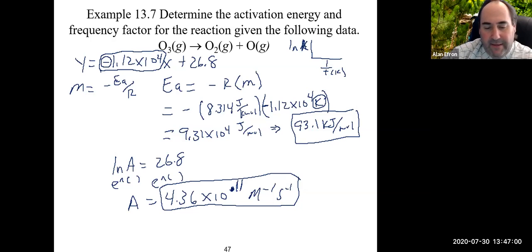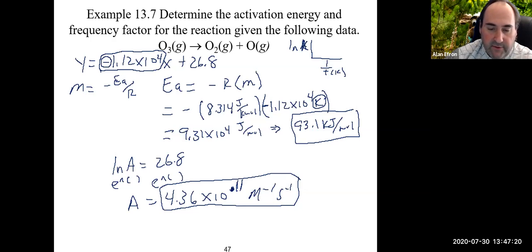So most of the time it's not so convenient to do graphs or plots, which a lot of times in kinetics experiments, we do a lot of those things. So sometimes it's better to have a more mathematical approach to solving for activation energy and so forth.